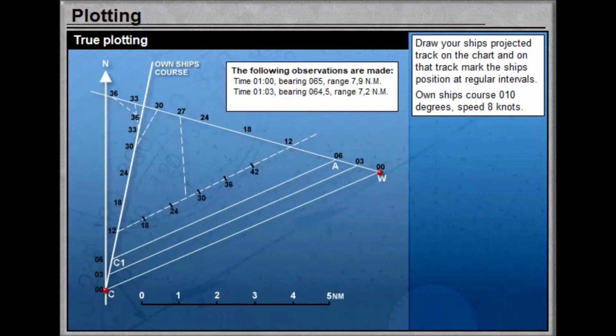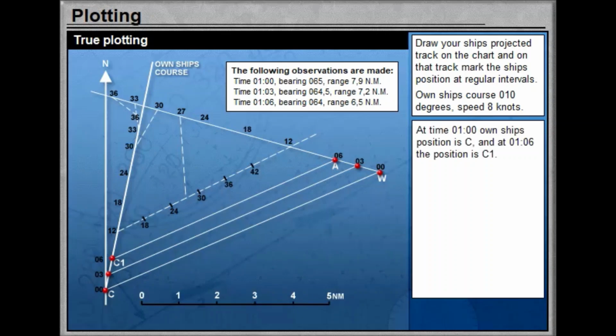Time 0103, bearing 064.5 degrees, range 7.2 nautical miles. Time 0106, bearing 064 degrees, range 6.5 nautical miles.